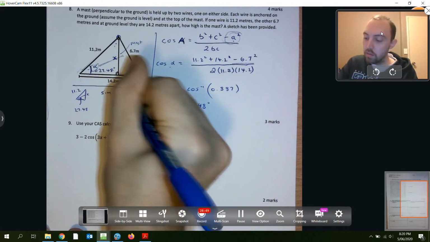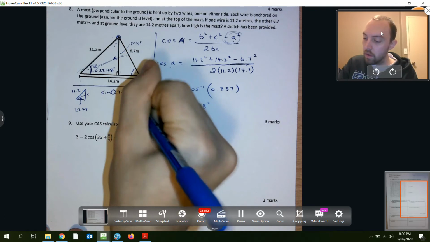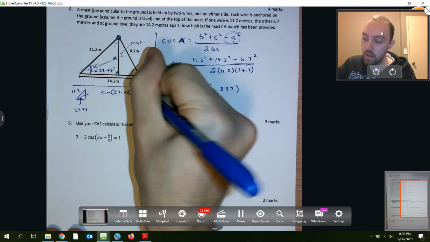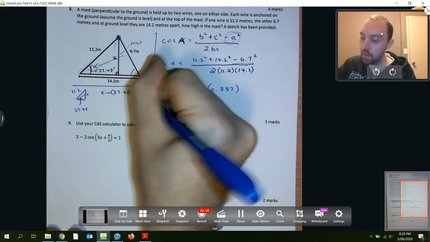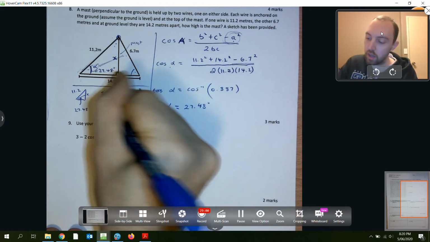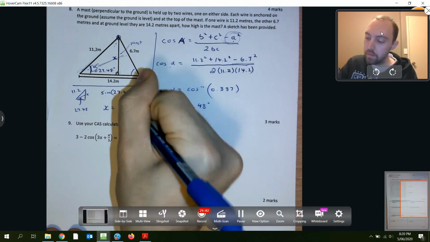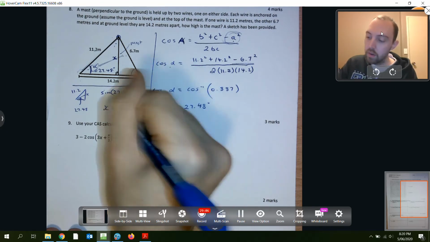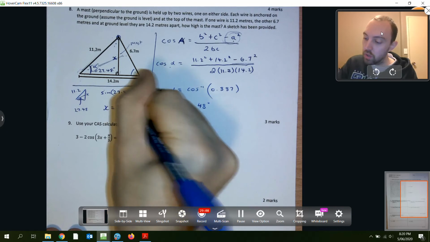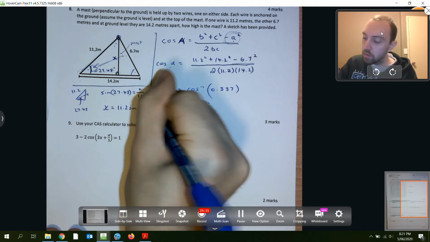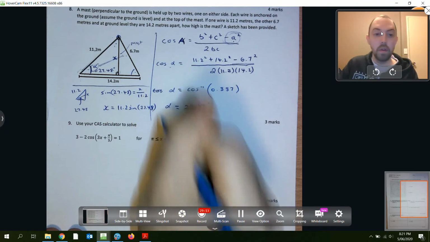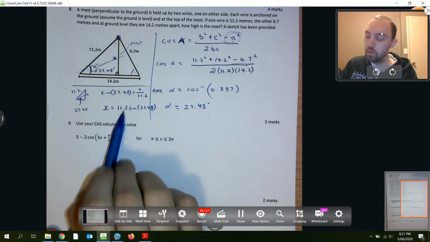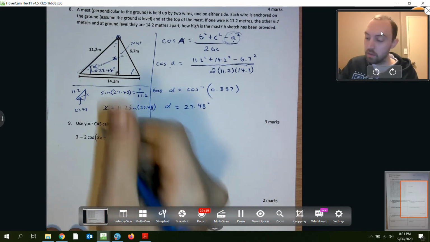Sine of 27.48 is equal to opposite x over the hypotenuse, so x is equal to 11.2 sine of 27.48. I've just timesed both sides by 11.2, which means it comes out the front.